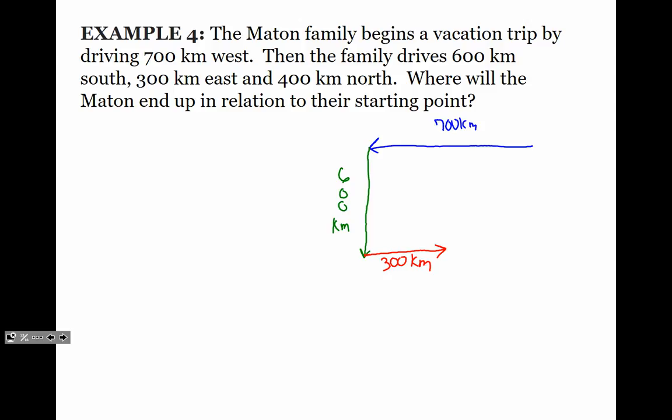And then I'm going to go 400 kilometers north. So 400 is a little bit over 300, and 300 is about half of 600. This is 400 kilometers. Now, because it's asking me where will the family end up in relation to their starting point, I want to know where they are.